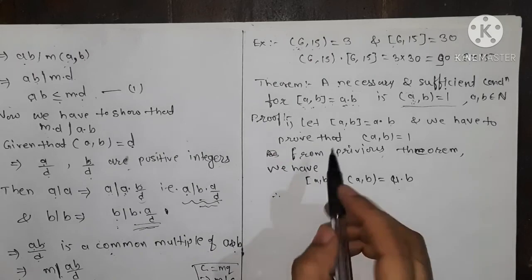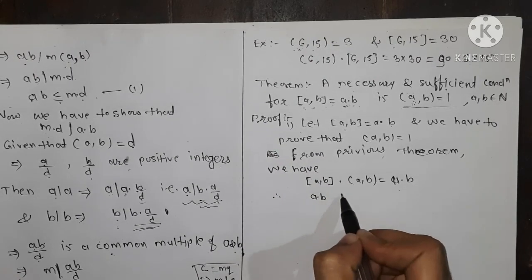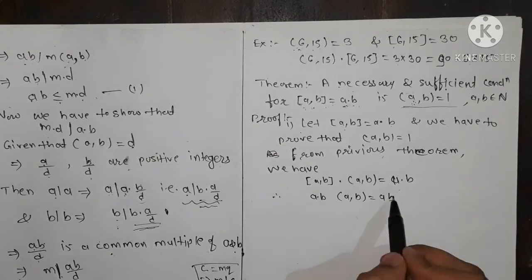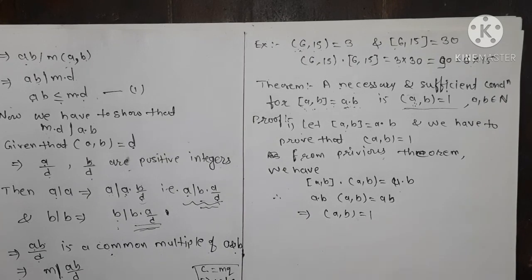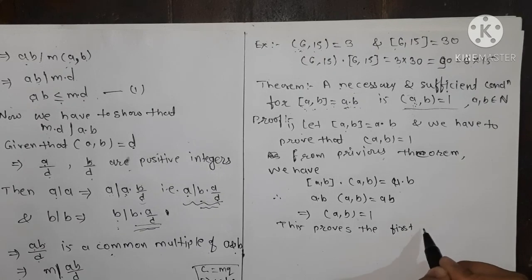Therefore, as given that the LCM is equal to a into b, we get a into b equals a into b into the GCD of a comma b. So this ab gets cancelled, and this gives us the GCD of a comma b is equal to 1. Okay, this proves the first part.